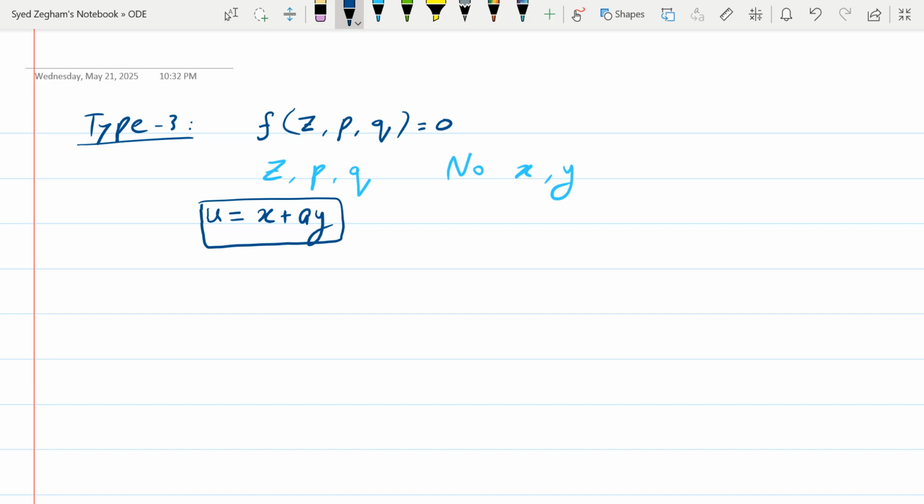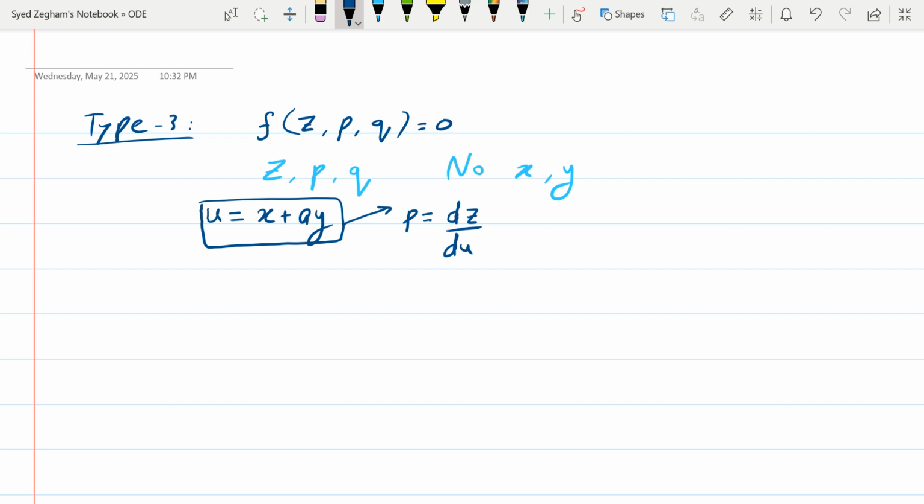Now from this form of u equal to x plus ay, using simple derivative techniques, you can find that p, that is dou z by dou x, will be equal to dz by du. You can use the relationship between ordinary derivatives and partial derivatives, and you can reach this point very easily.